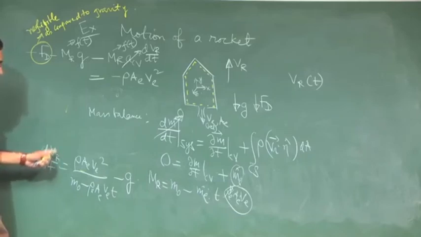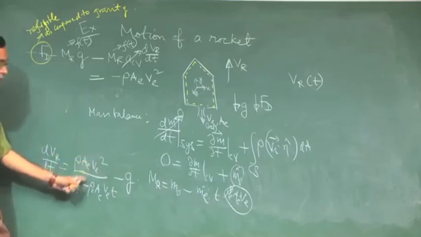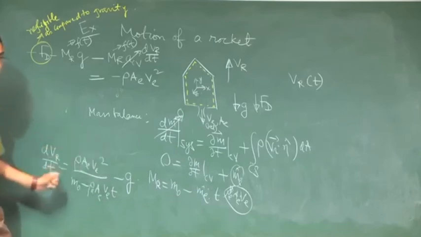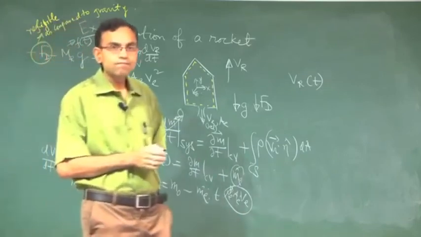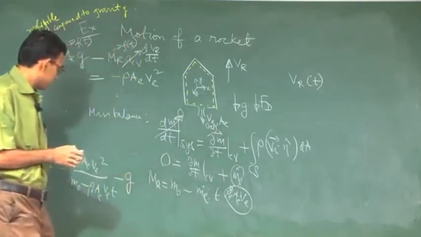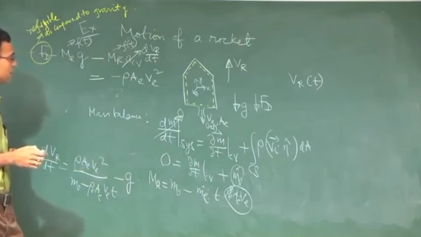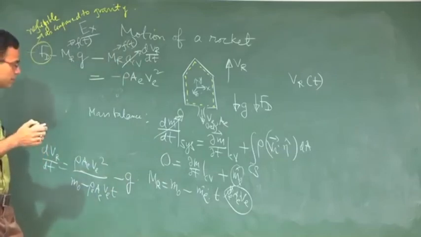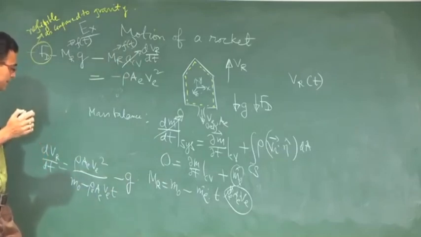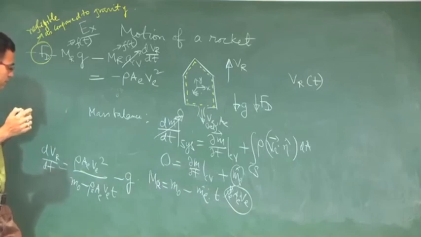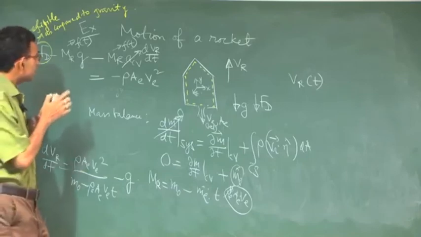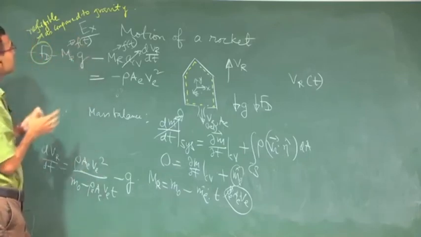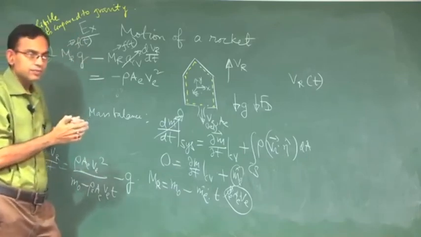So now you can integrate this with respect to time, it will be logarithmic, and it's straightforward integration. I am not going into that. What I will do is spend a little bit of time, maybe 1 minute, to figure out what is the role of different forces here.